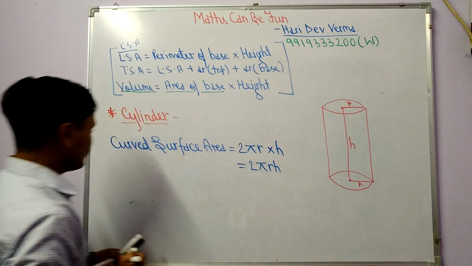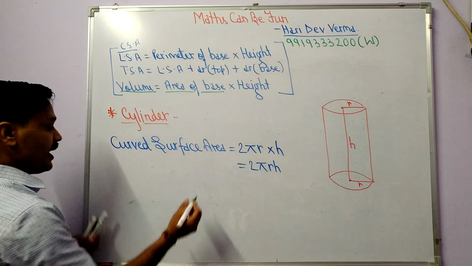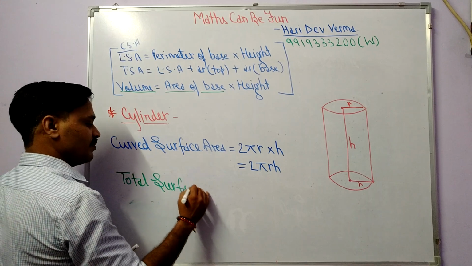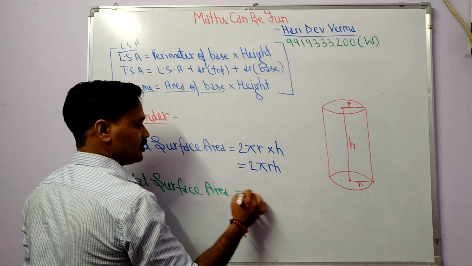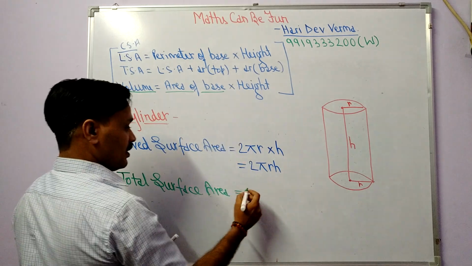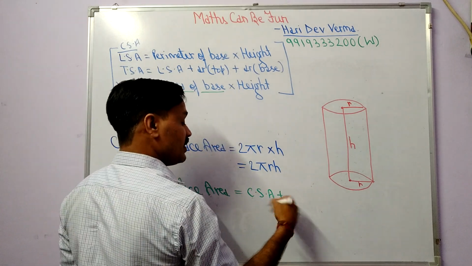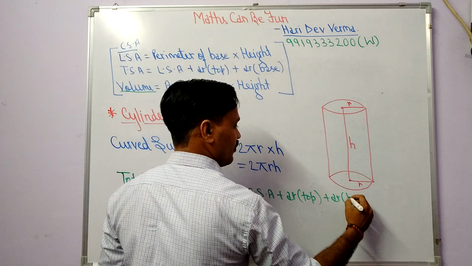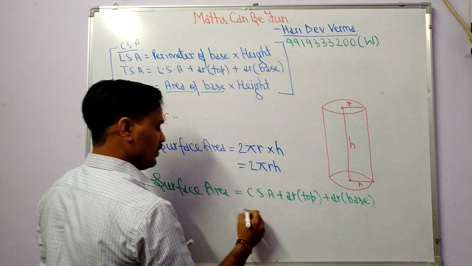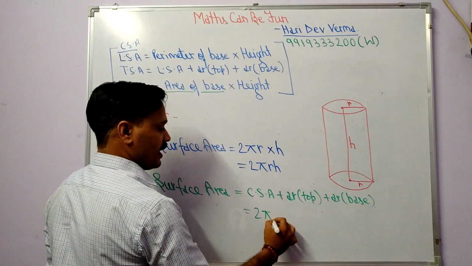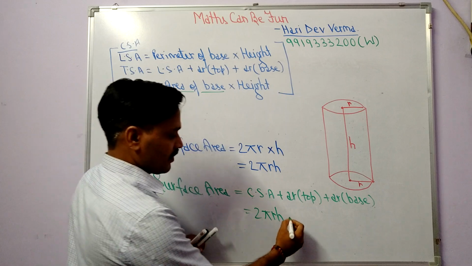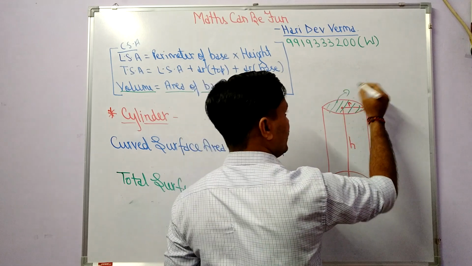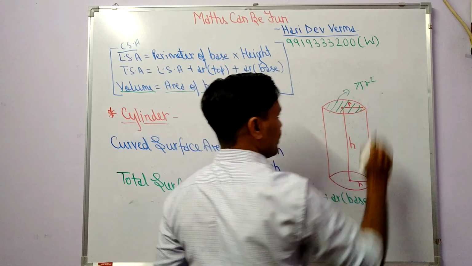Next one is total surface area. The total surface area is curved surface area plus area of top plus area of base. So curved surface area is 2 pi r h as defined, plus area of top. This top is circular and we know the area of circle is pi r square.